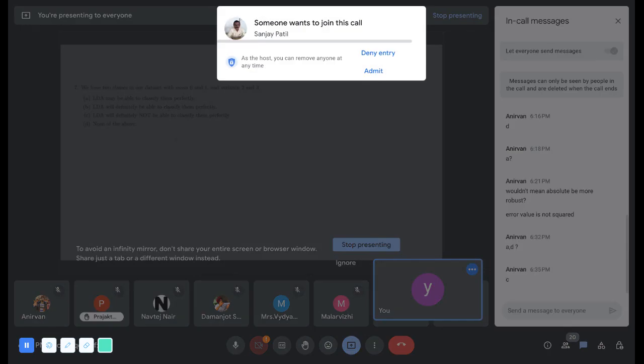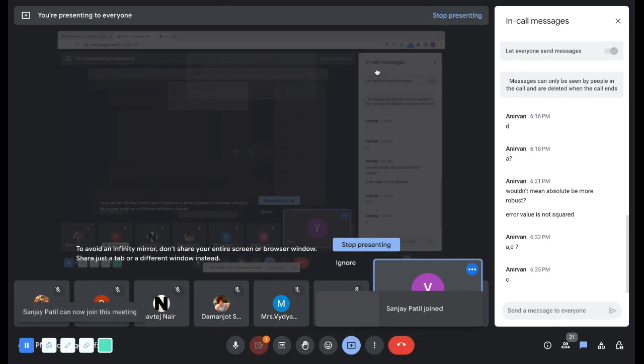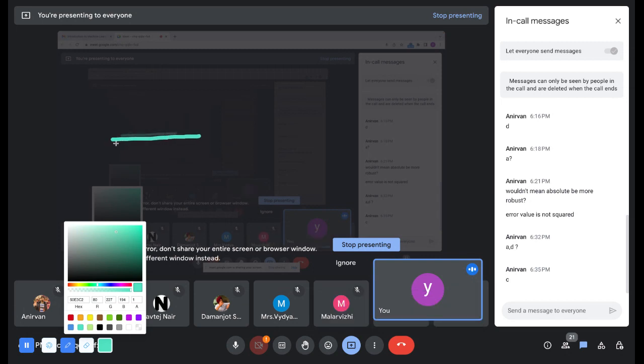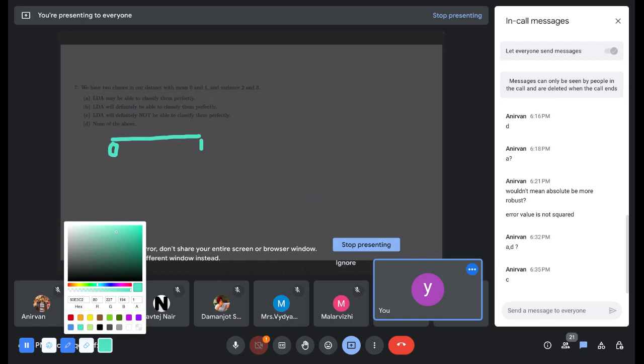Let's draw that. Let's say this is 0 and this is 1, and 2 and 3 are the variances.